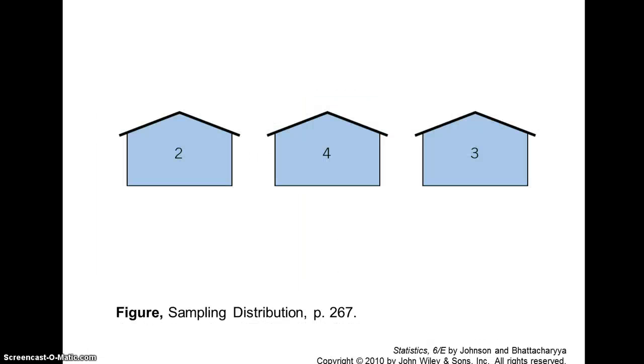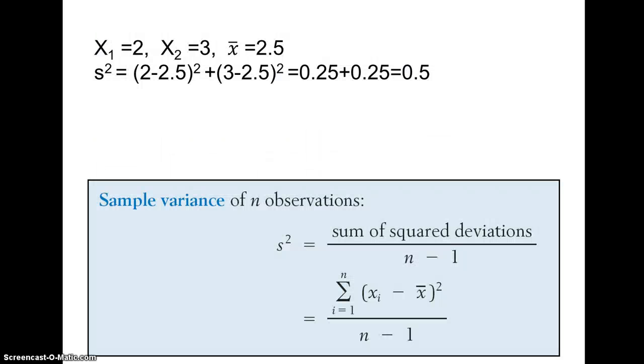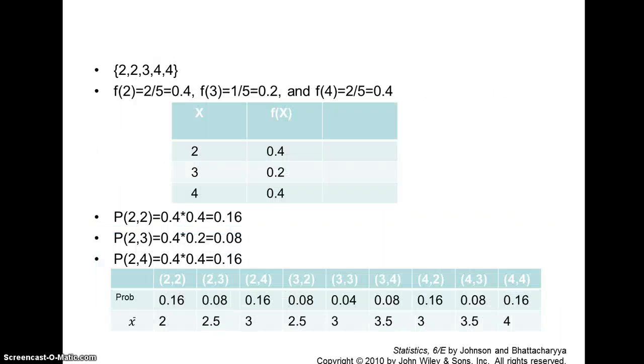You draw a number out of here, the chance of getting a 2 is 1/3, the chance of getting a 4 is 1/3, the chance of getting a 3 is also 1/3. But in our case, I didn't draw the houses. In this example, I just have 5 numbers, but there are 2 2s, 1 3 and 2 4s. So in this case, the chance of getting a 2 is 2/5, the chance of getting 3 is 1/5, 1 out of 5, and the chance of getting a 4 is also 2 out of 5.